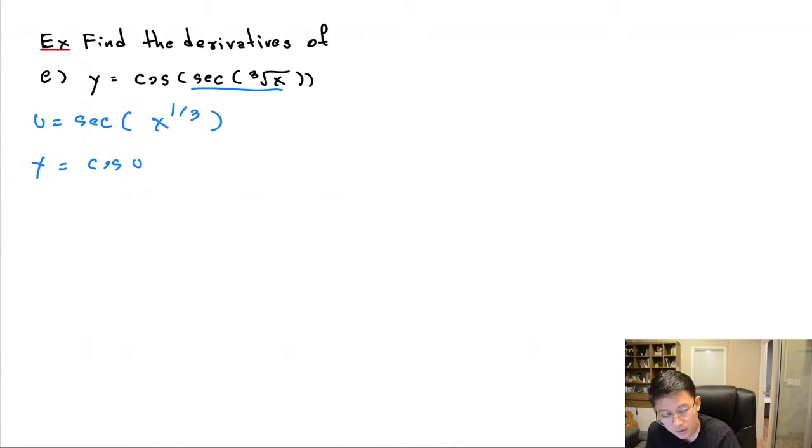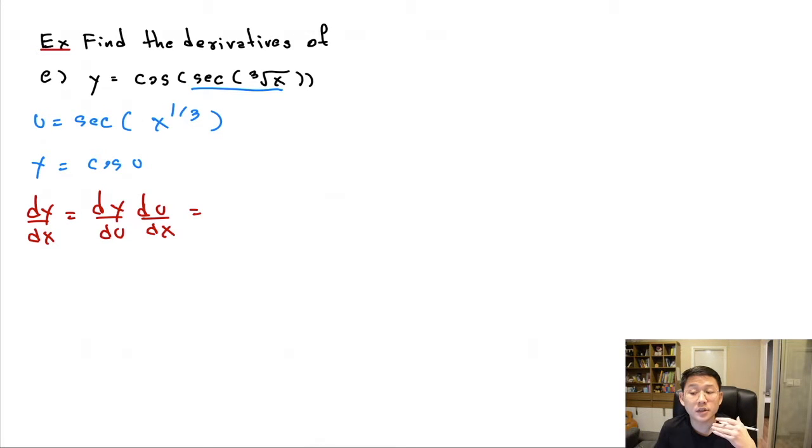So dy by dx would be dy by du times du by dx. But dy by du, d of cos is what? D cos is minus sine, right? D sine is cos, d cos is minus sine. So we have minus sine u and du by dx.